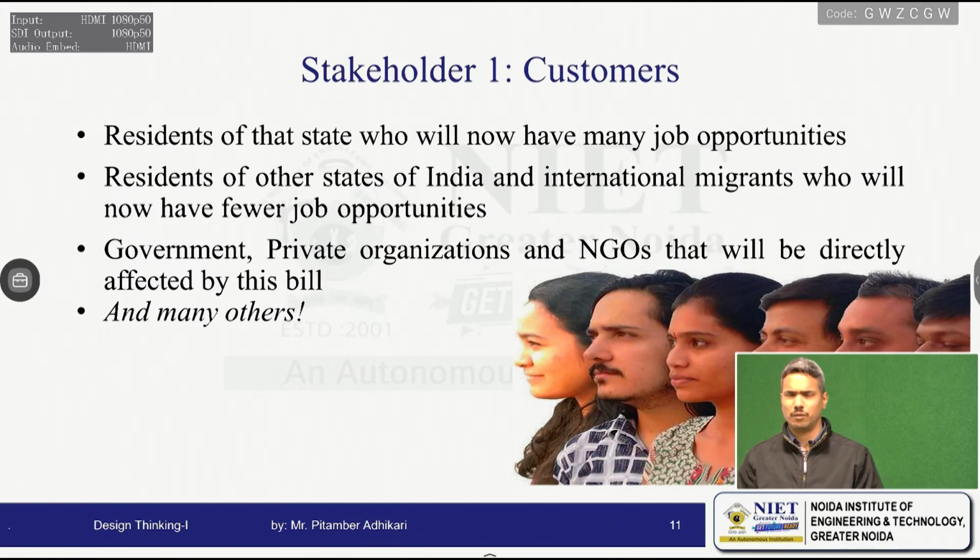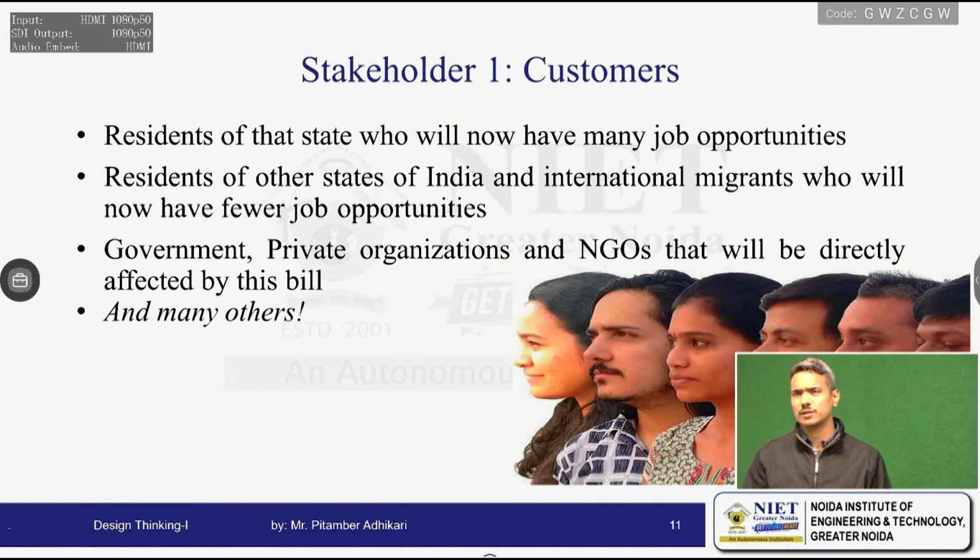So there will be direct implications on these organizations also. These are some examples of customers. So this is the first category. I think it is clear how we are categorizing all these stakeholders into different parts according to CATWOE. So who are customers? Those who will have direct implications.